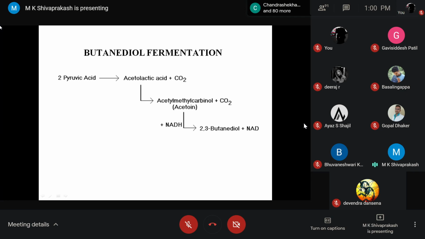This acetoin, or acetomethylcarbinol, is converted into 2,3-butanediol, which is a key compound utilized in the Voges-Proskauer reaction, which we will discuss when we take up the practical portion.